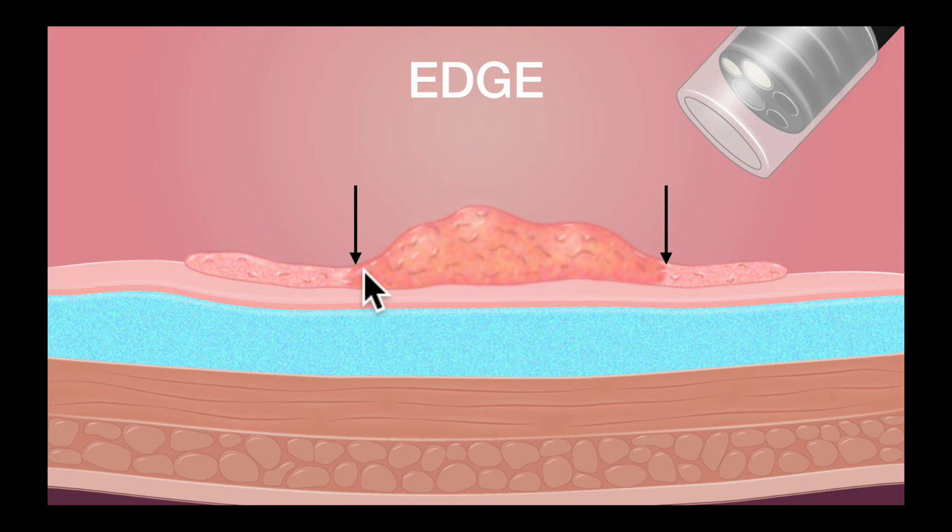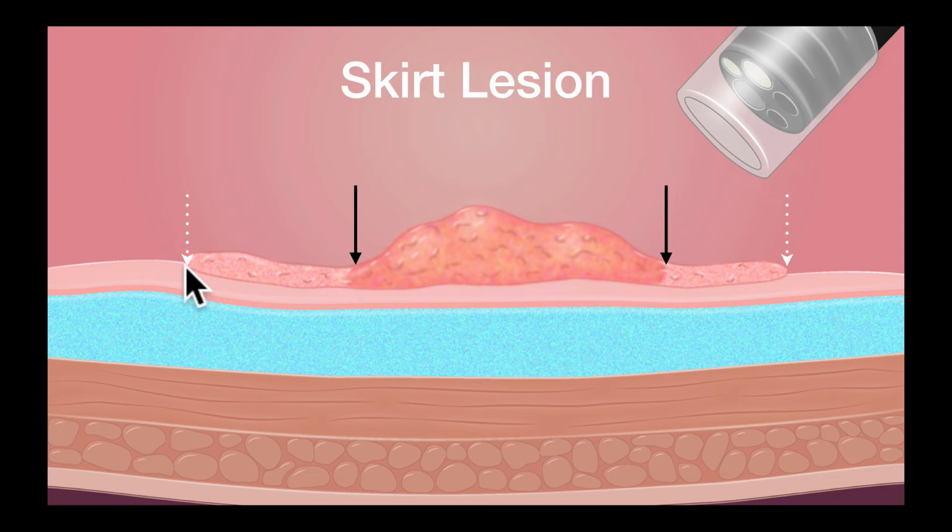But in reality, because of the subtle area of tumor tissue that is skirting around the polyp, otherwise called the skirt lesion, extends far beyond what you thought is obvious.